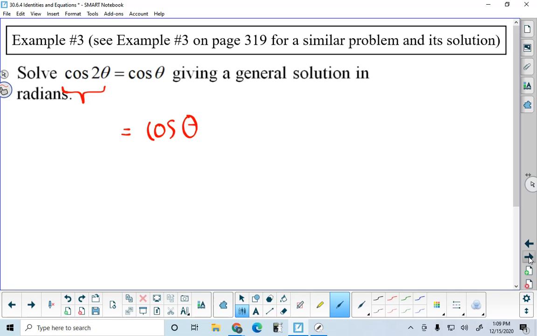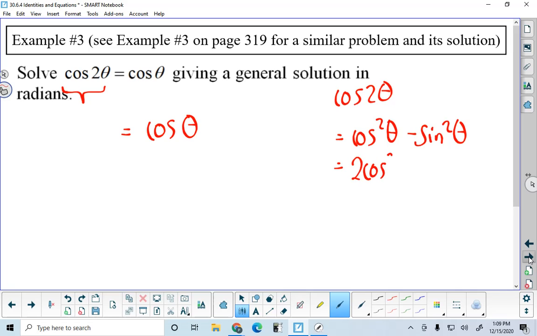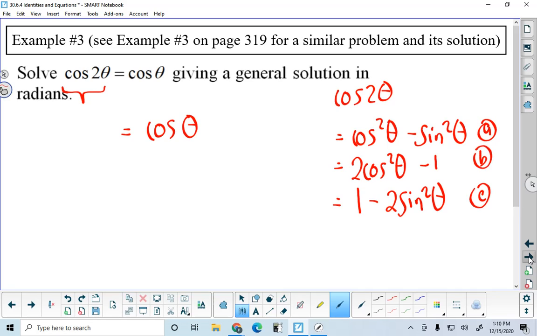And to aid in the communication here, cos of 2 theta is equal to cos squared minus sine squared. It's equal to 2 cos squared minus 1, and it's equal to 1 minus 2 sine squared. A, B, or C? What's our wisest choice here?